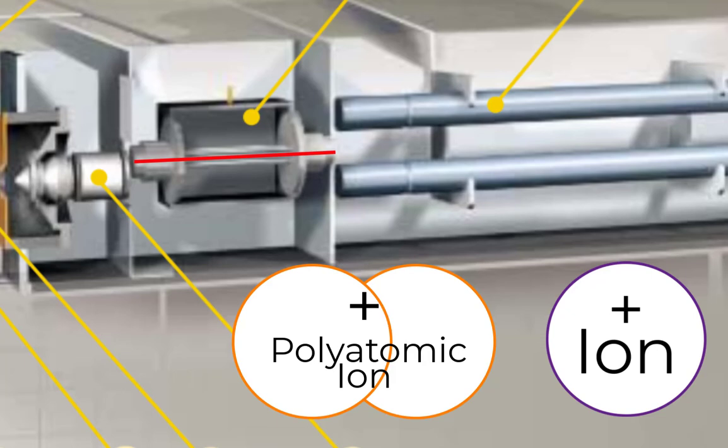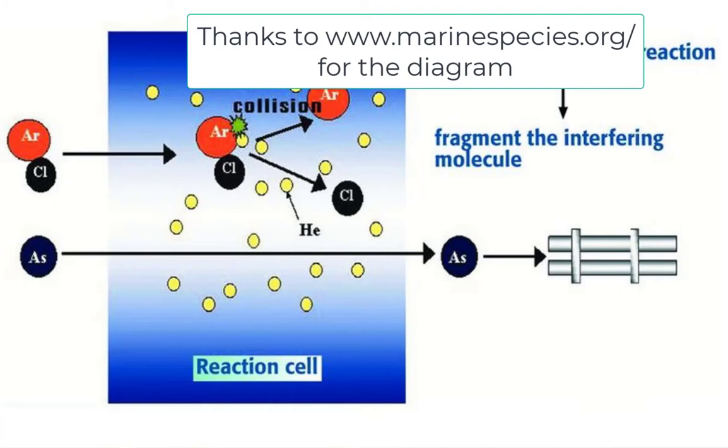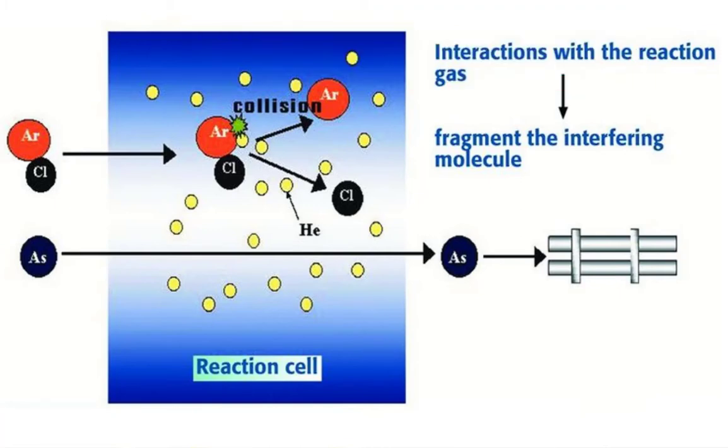So we use the reaction cell by filling it with helium gas. And so the ion stream will collide with the helium gas. The polyatomic ions are much, much larger than the monoatomic ions, and therefore they will collide thousands of times more than the monoatomic ions.